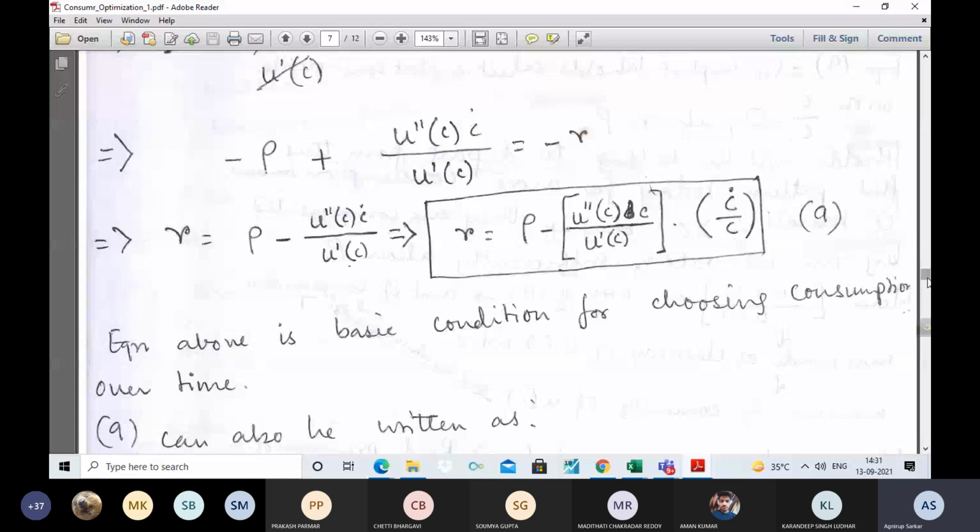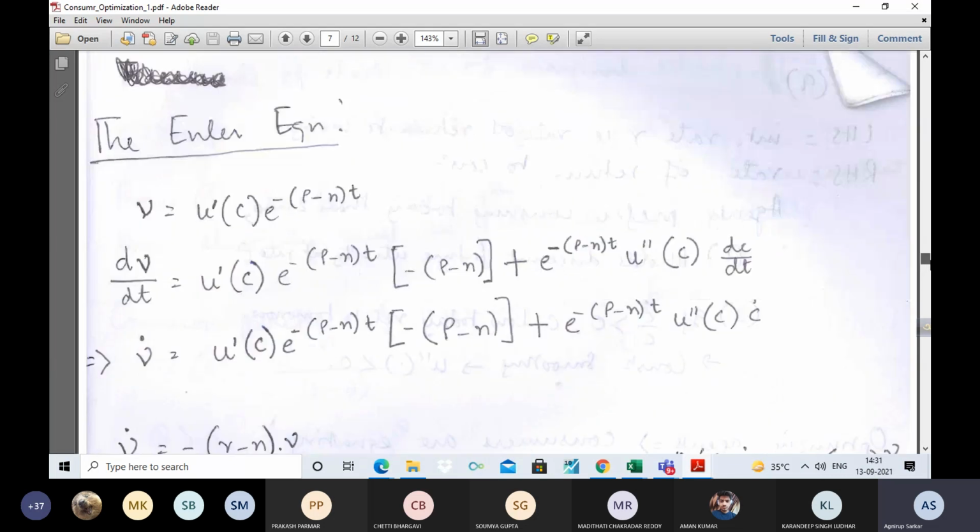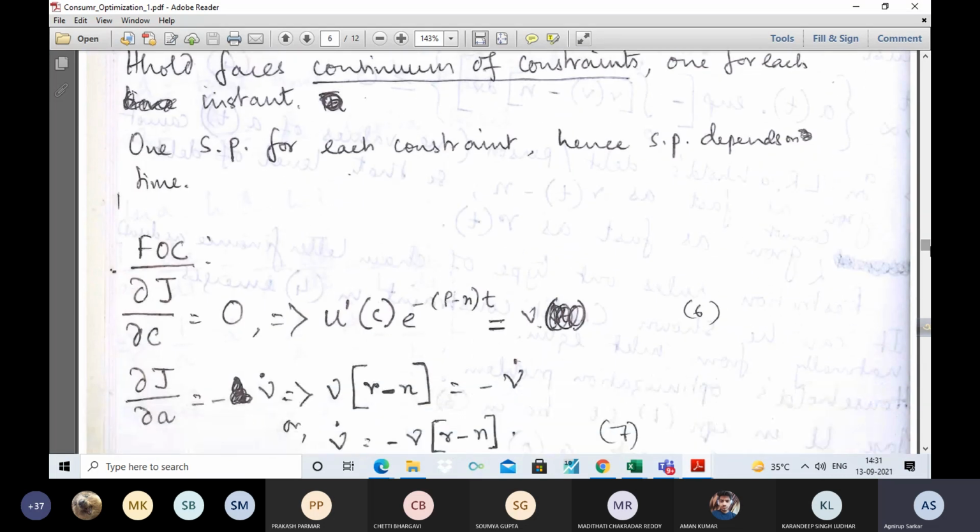Okay, now these are the two equations that you would get by differentiating the Hamiltonian function with respect to the choice variables: consumption per person and assets per person. Now look into equation 6 and equation 7.